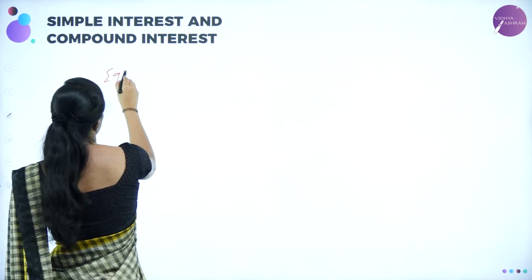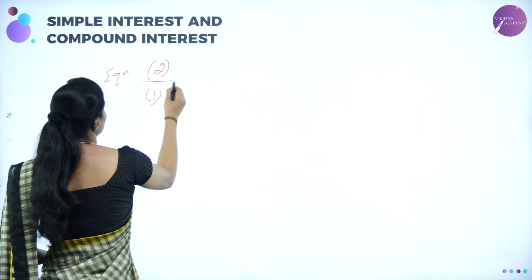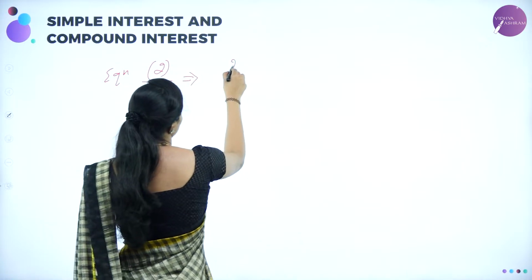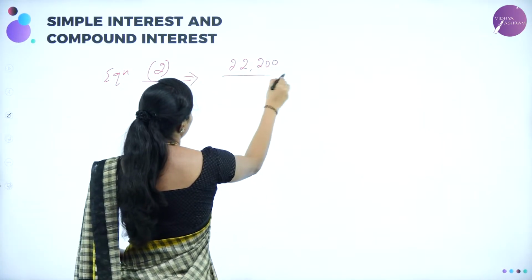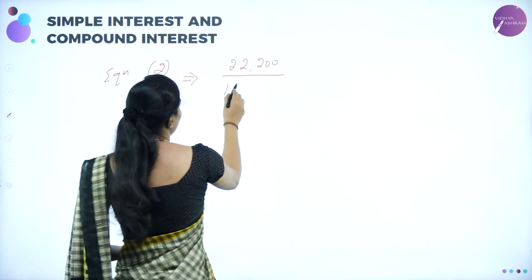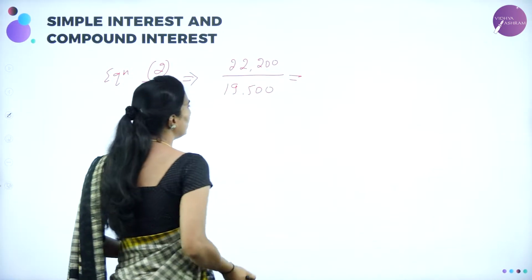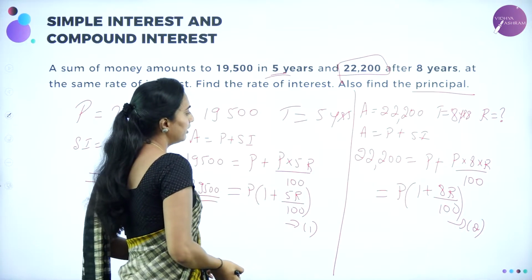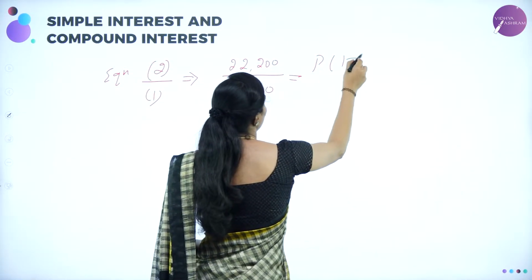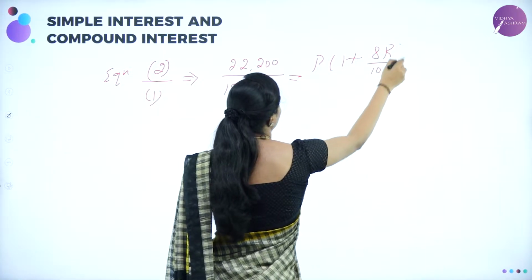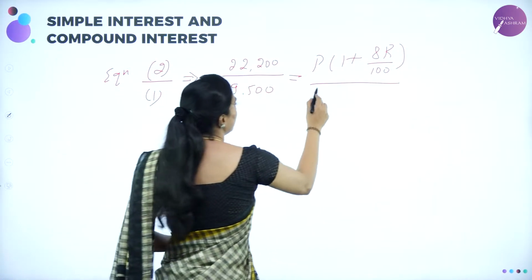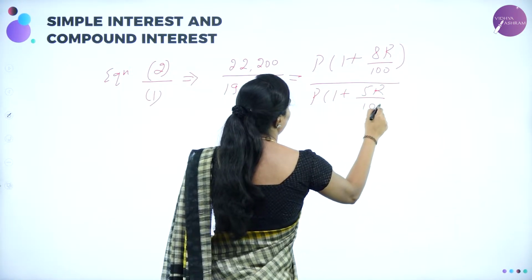So equation 2 divided by 1: on the left hand side, 22,200 divided by, in equation 1 the left hand side, 19,500. Equals, in the right hand side, P into (1 + 8R divided by 100) divided by, in equation 1, P into (1 + 5R divided by 100), right?